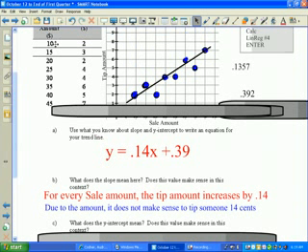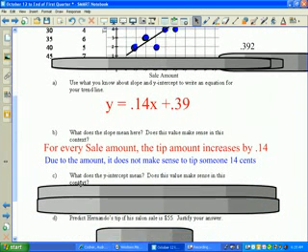If we look at his sales amount of $10, I should be getting 14 cents for every dollar, so I should be getting a tip of $1.40. But did he get a tip of $1.40? No, he got a tip of $2. So in this case, it doesn't make sense.